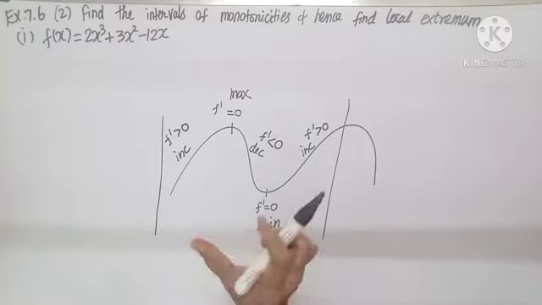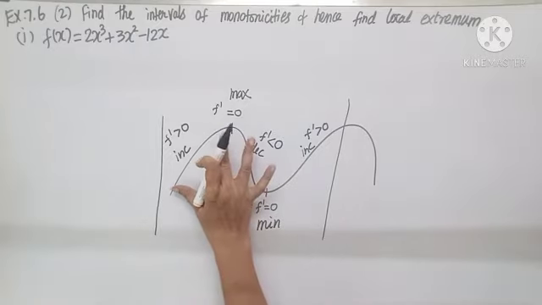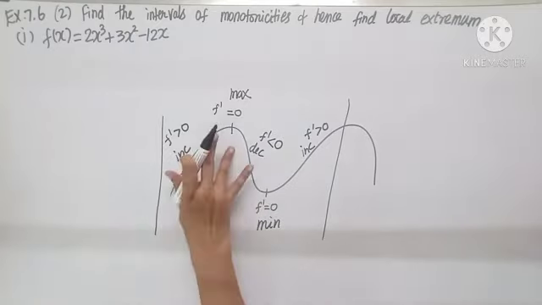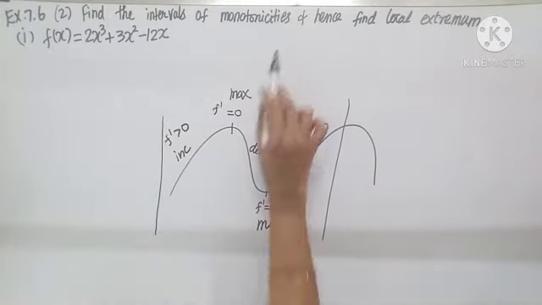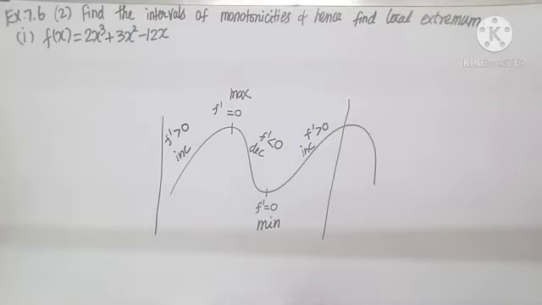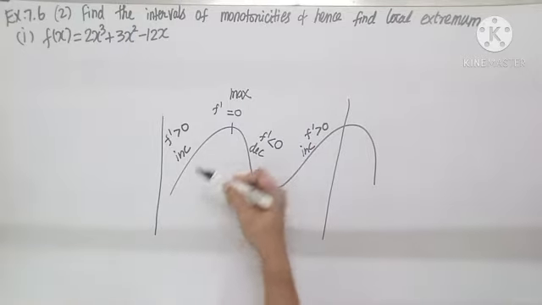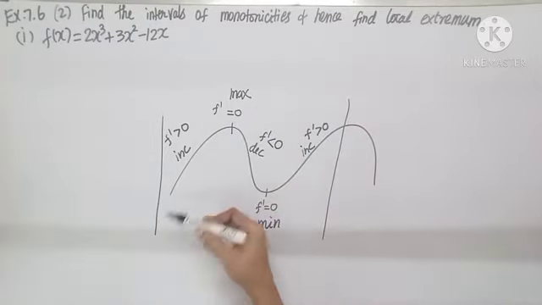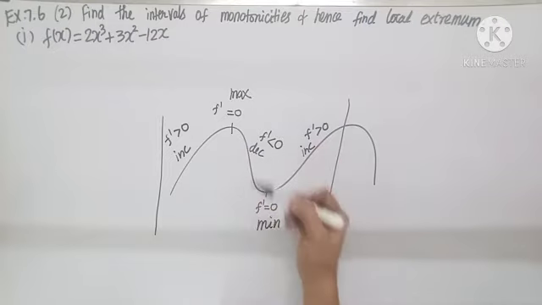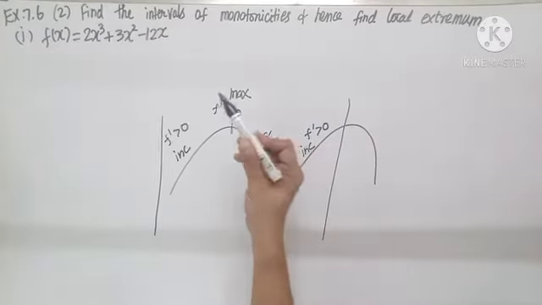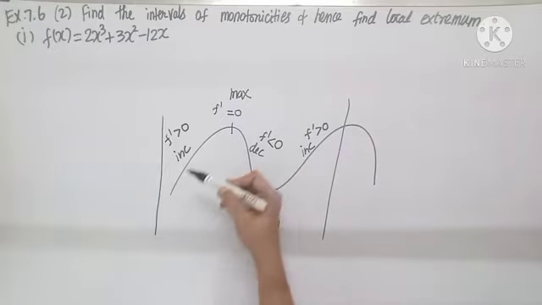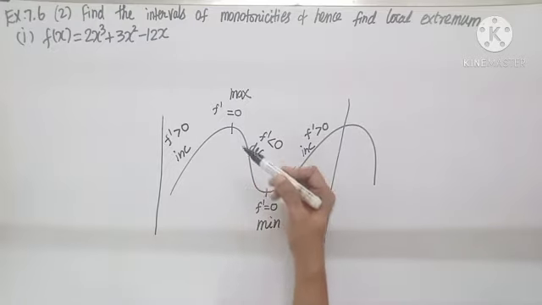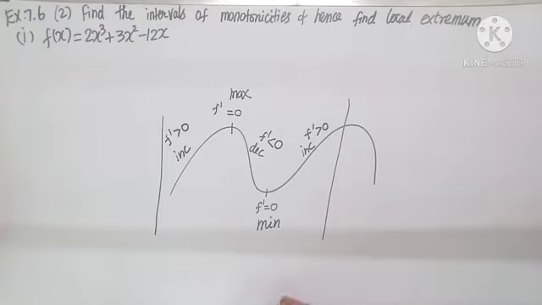So finding the interval from where to where it is increasing and from where to where it is decreasing is called finding intervals of monotonicity. Mono tells me single. Tone tells me whether it is an increasing trend or decreasing trend. So monotonicity tells us about the increasing or decreasing trend of the curve.